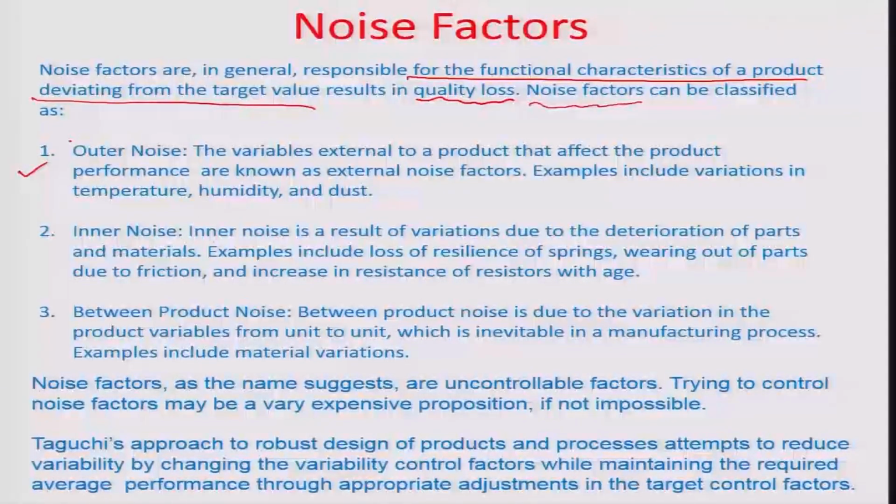Okay, so outer noise is typically due to the variables which are not really within the product but external to the product. But they do affect the performance of the product. For example, if we talked about oil film for lubrication within a gearbox, it would typically depend on the flow rate of the oil, and also on other factors like temperature, humidity, and dust levels, which are otherwise not controllable.